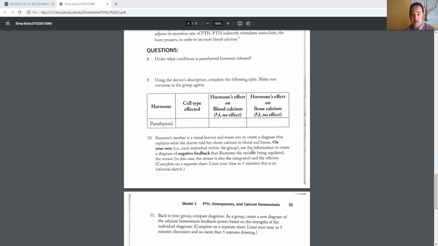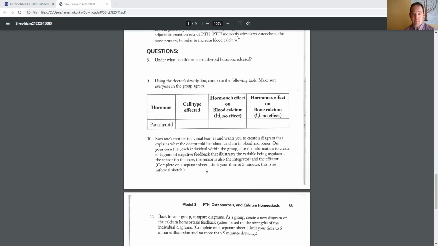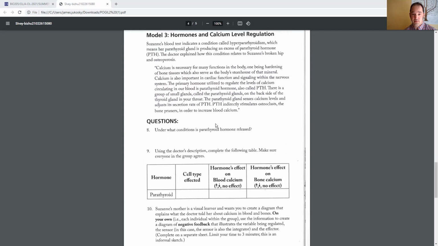So we have been asked to create a diagram of negative feedback that illustrates the variable being regulated and the sensor. In this case, the sensor is also the integrator and the effector. Let's take a look at what we've written here. Calcium is important in cardiac function and signaling within the nervous system.